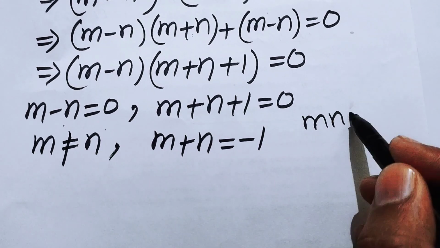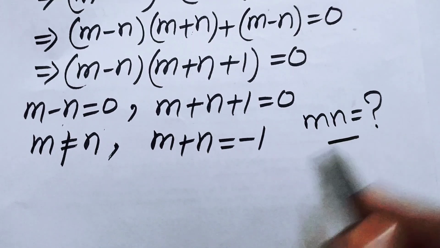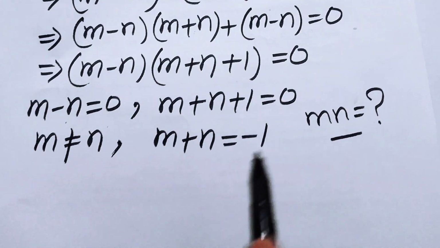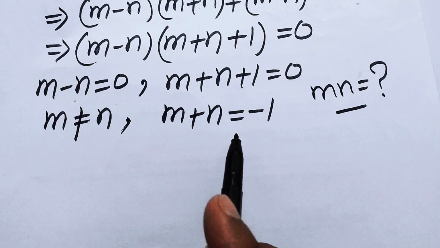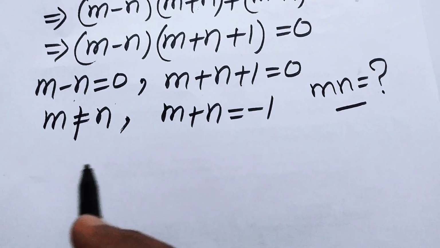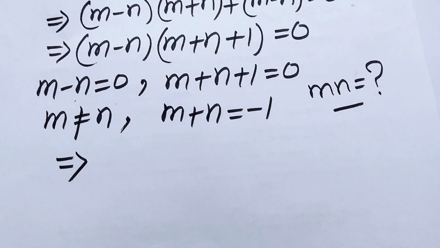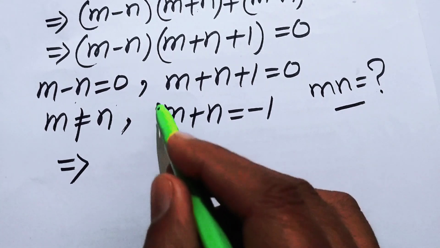Now because our aim is to find the value of mn, we will take the square on both sides of this equation.